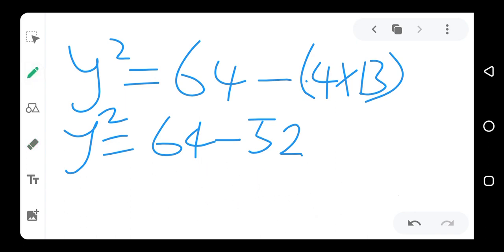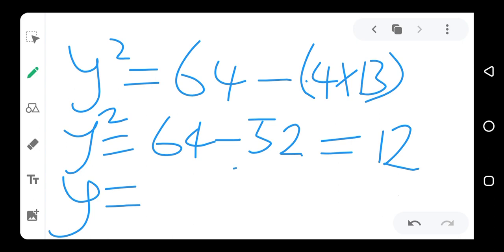So we are now going to have that y squared is now equal to 12. Y squared is equal to 12, and our y now is going to give us root 12.